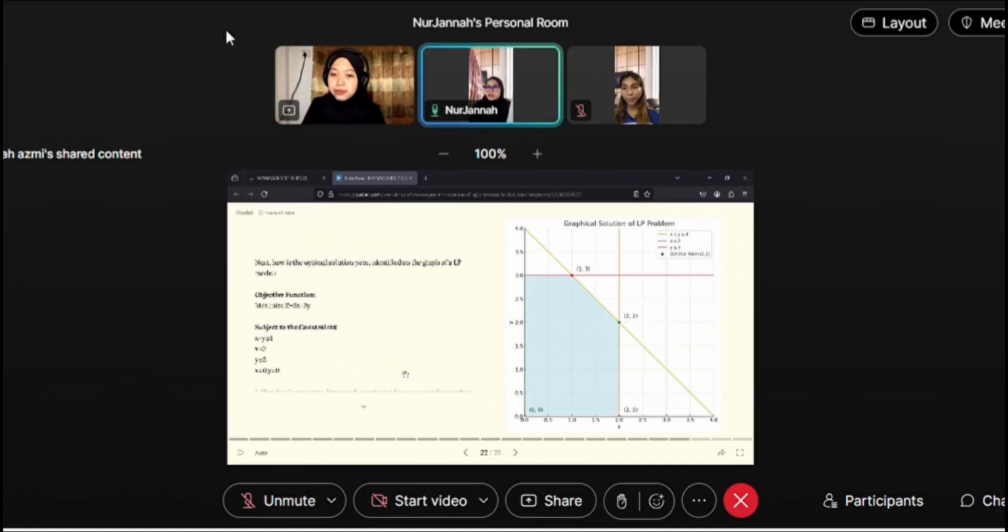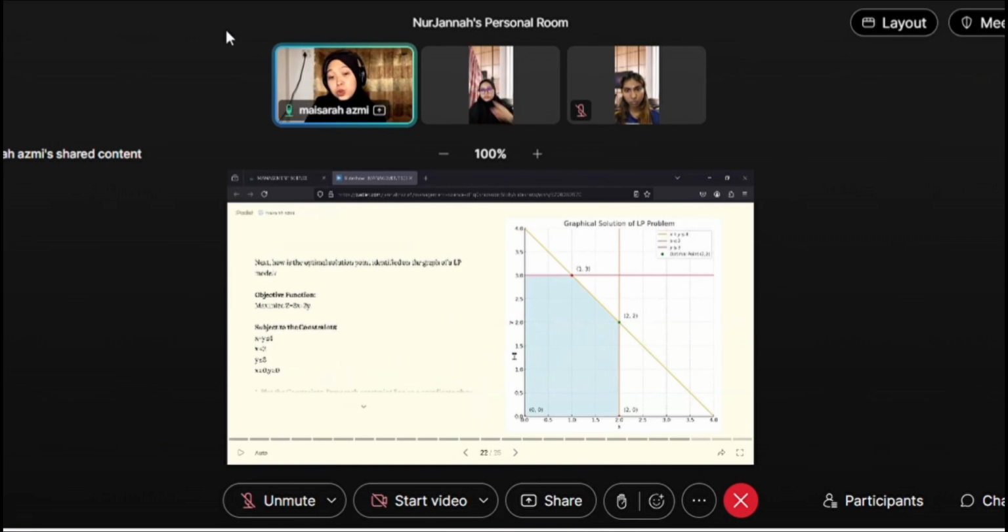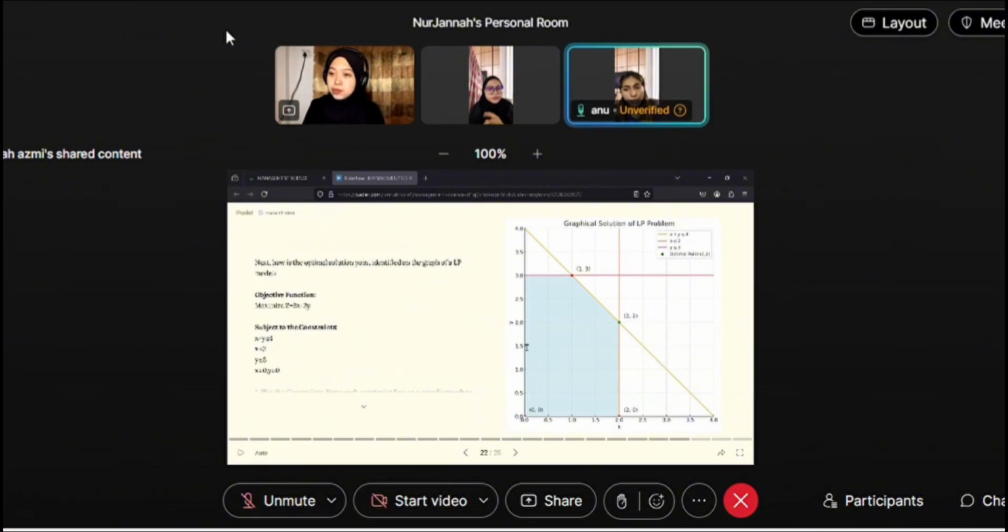So the feasible region is like a polygon, right? Yes, exactly. This polygon has vertices, or corner points. The key is that our solution, the point that maximizes or minimizes our objective function, will always be at one of these vertices. So how do we know which vertex gives us the best answer?